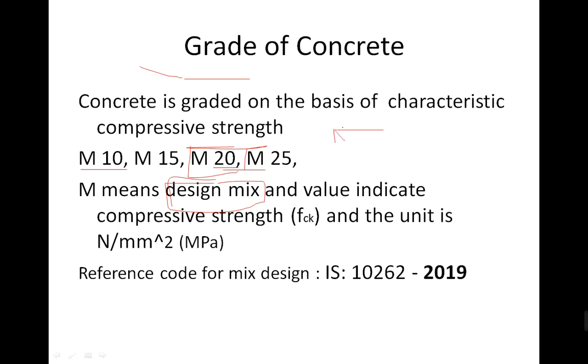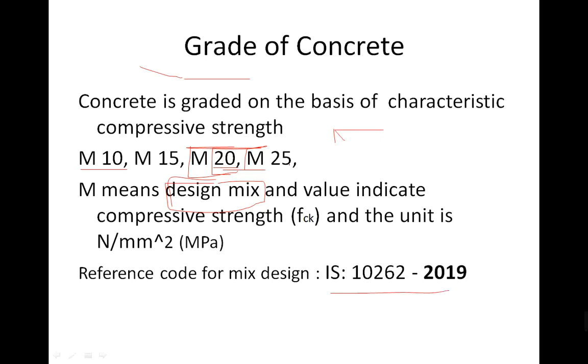So in nominal mix, although we don't need any detailed calculation, it does not give any guarantee to achieve the desired strength. But if you follow the design mix code, then it gives a guarantee to achieve the desired strength.